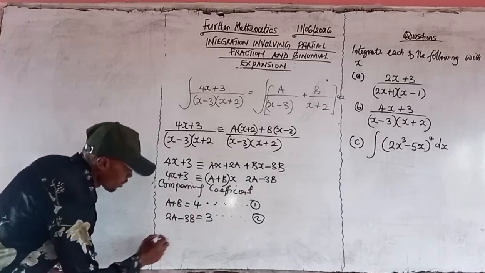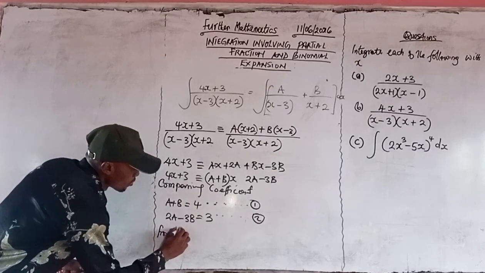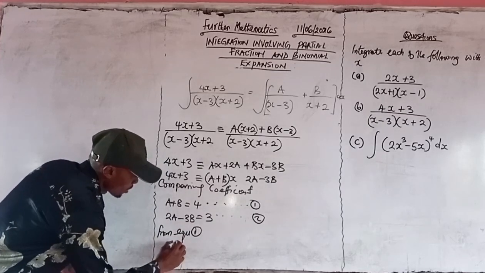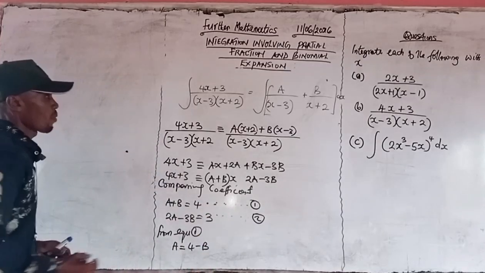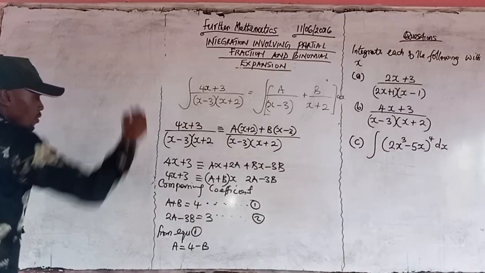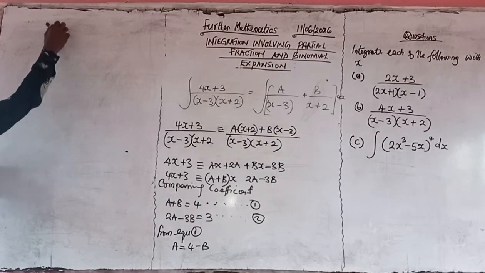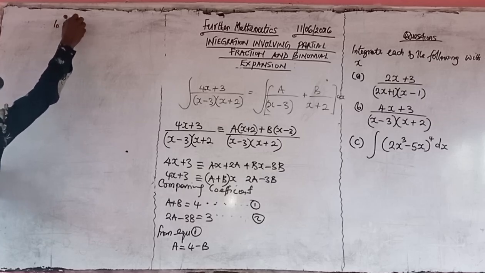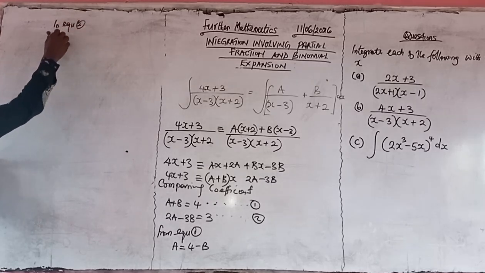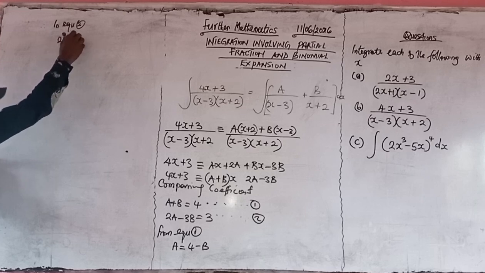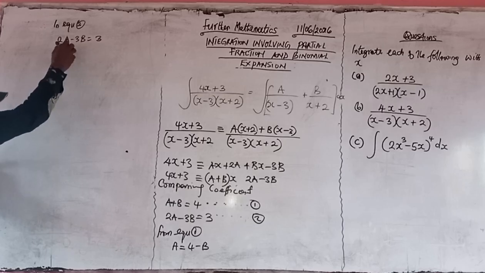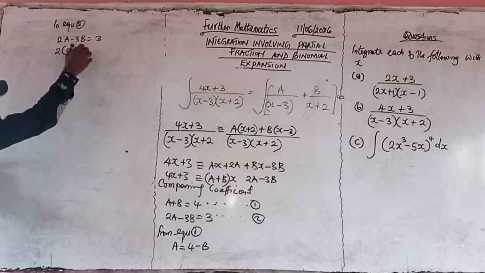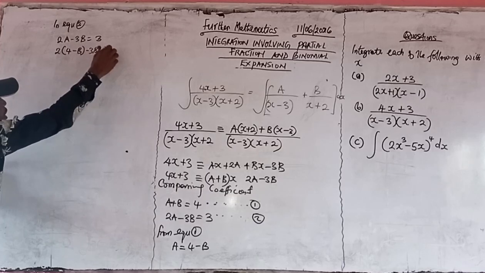So from equation 1, a is equal to 4 minus b. So I put a equals 4 minus b there in equation 2. Therefore, in equation 2, we have 2a minus 3b equal to 3. Therefore, 2 open bracket 4 minus b close bracket minus 3b is equal to 3.